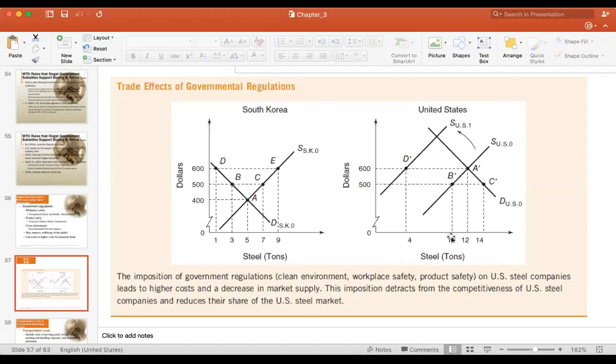Before the regulation, US firms were producing 10 million. After regulation, US firms are only producing 4 million. So that's a 6 million decrease in production. Huge amount. Anyway, that's basically what it is.